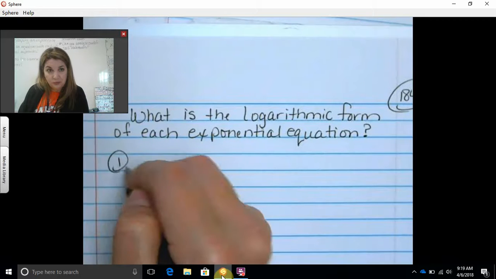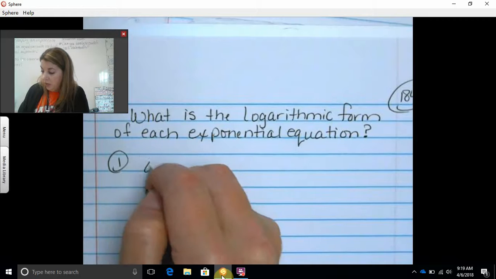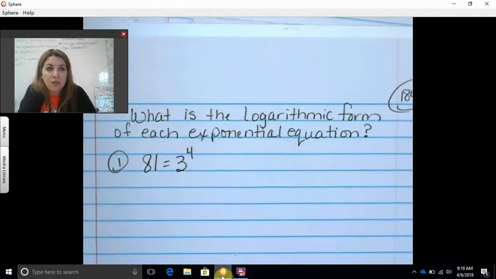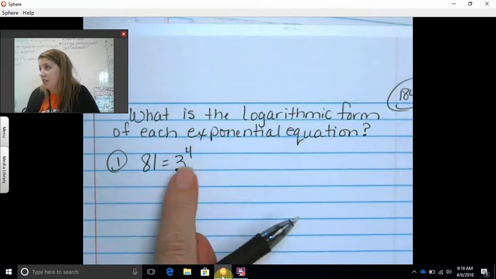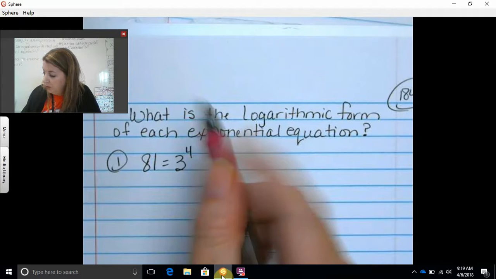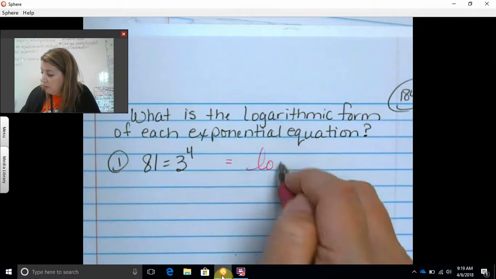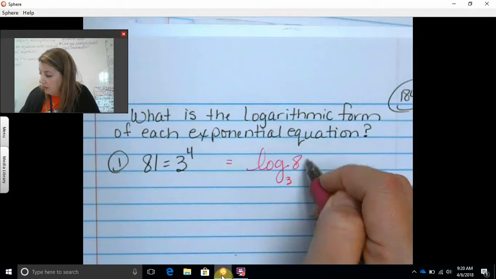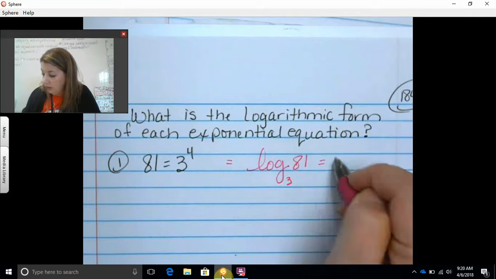Example 1. 81 equals 3 raised to the 4th power. Now, if you saw 3 raised to the 4th power equals 81, same thing. Your b, or your base, is still the number that has the exponent with it. So that's exponential form. Logarithmic form would be log base 3 of 81 equals 4.